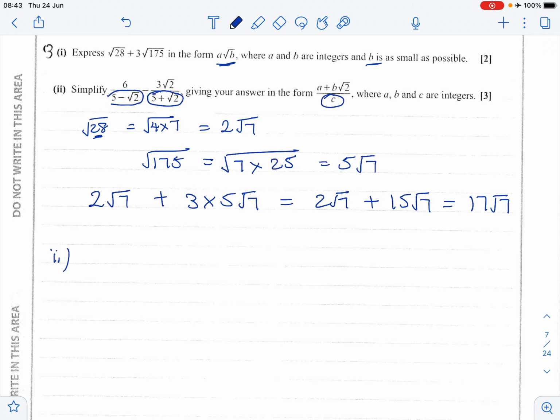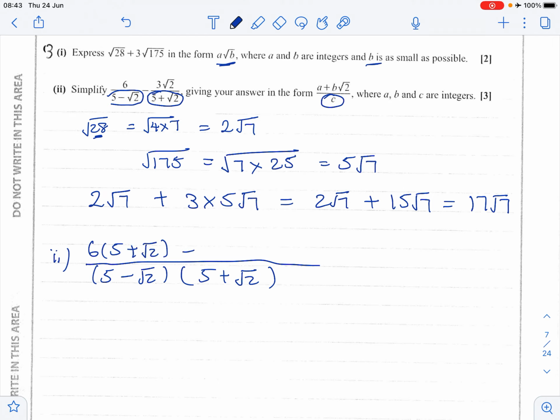So we want to make the common denominator. So 5 minus root 2 multiplied by 5 plus root 2. So we have 6 (5 plus root 2) minus 3 root 2 (5 minus root 2).